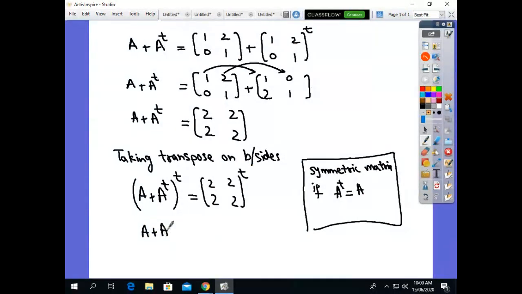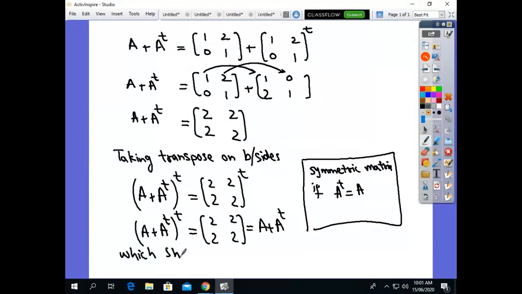After taking transpose on the right hand side, we get [2, 2; 2, 2], which is again equal to A plus A transpose, which shows that A plus A transpose is symmetric.